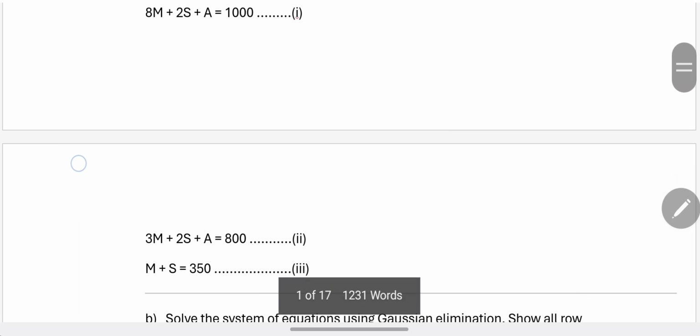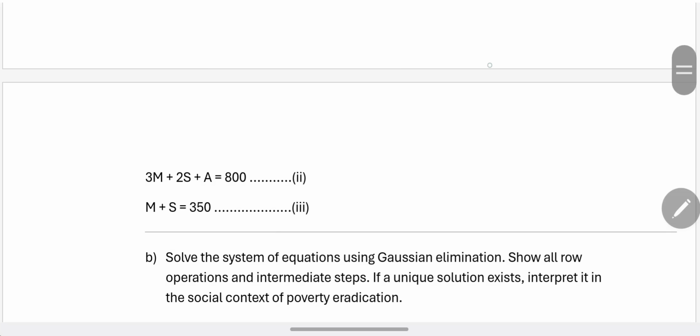The second equation was obtained from the second constraint, the households, where the target was 800 households. And the last one, the micro loans plus the trainings, will at most give 350. That's where we get our third equation.